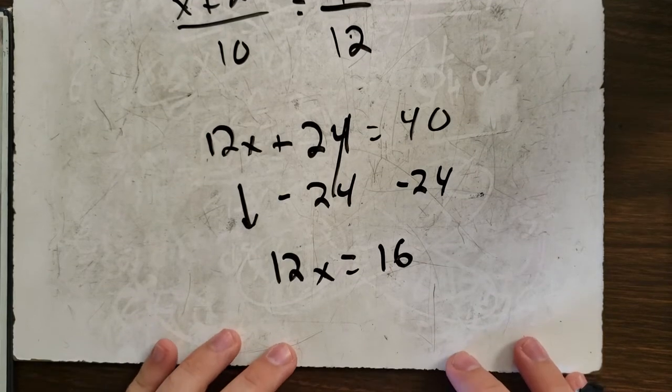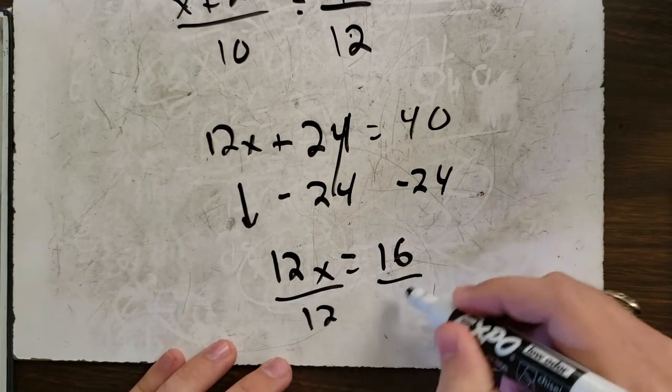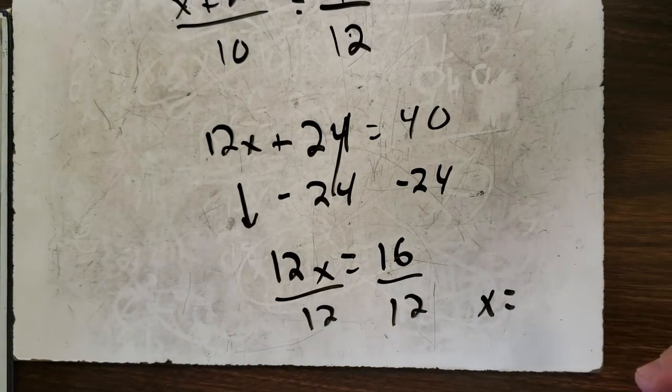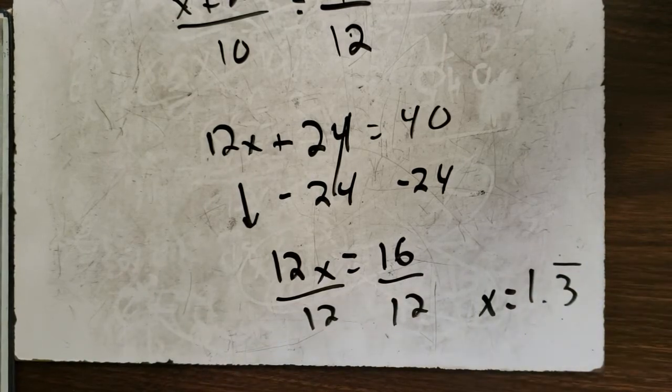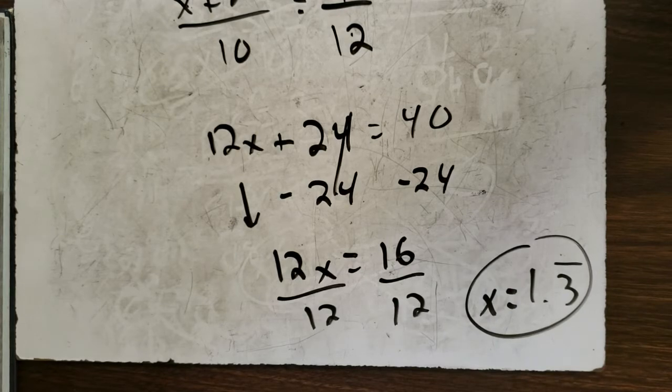Once again, you can see we're going to get a decimal, and that's okay. Divide by 12 on both sides, and x equals 1.3 repeating. Once again, it's okay to get decimals. It's not a big deal. Just do the problem, do what you need to do, and we'll get through it.